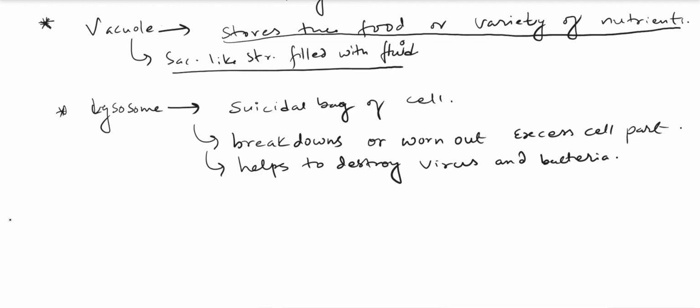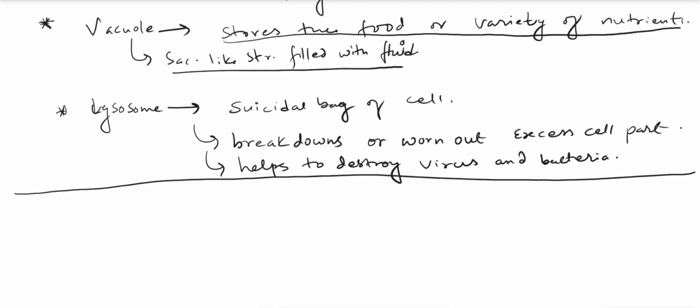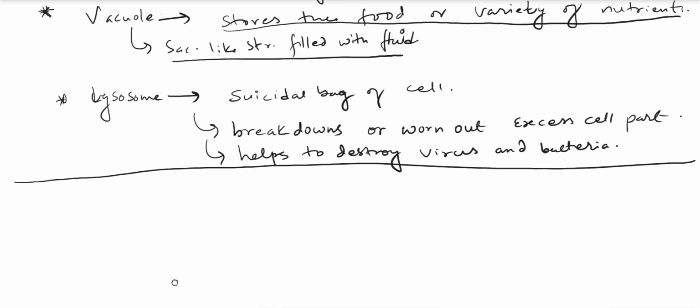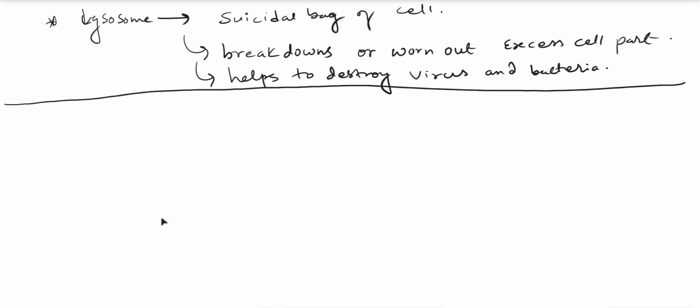Now, we were talking about the different cell organelles which are found in plant cells as well as animal cells. Okay, now let's talk about the relation among cell, tissue and organs.